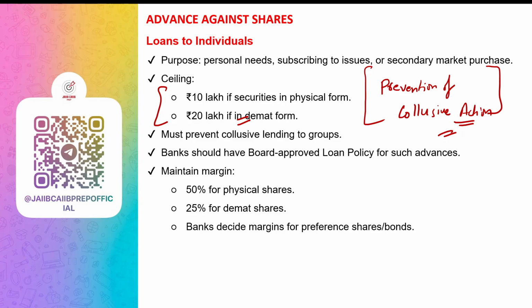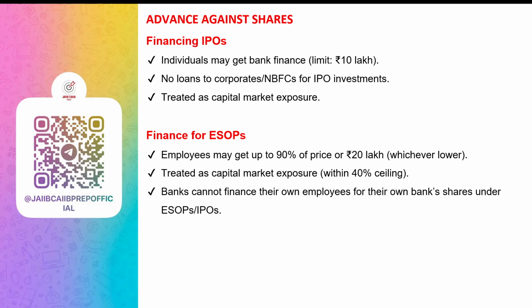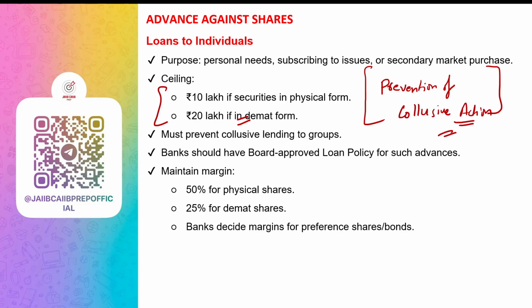If multiple individuals take loans against the same share, the exposure is treated as capital market exposure for the bank. Banks must have a lending policy, so every bank must have a loan policy for such advances, which is approved by its board.